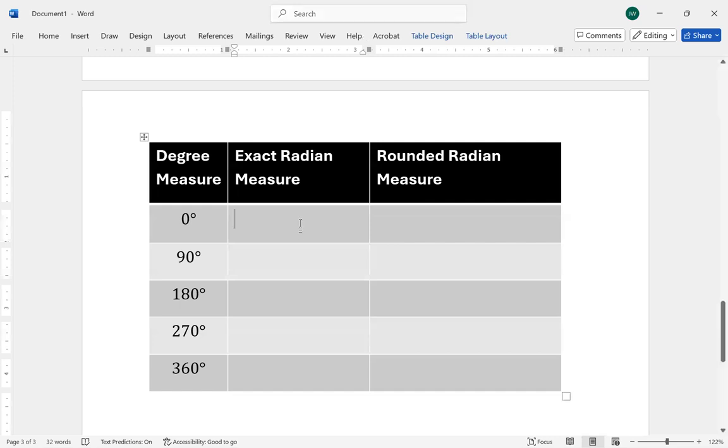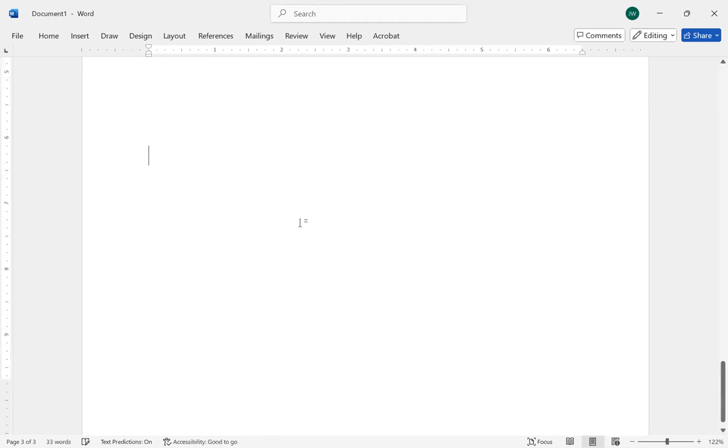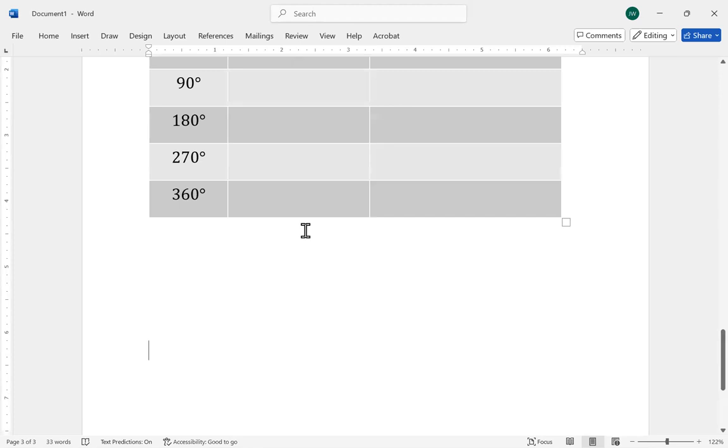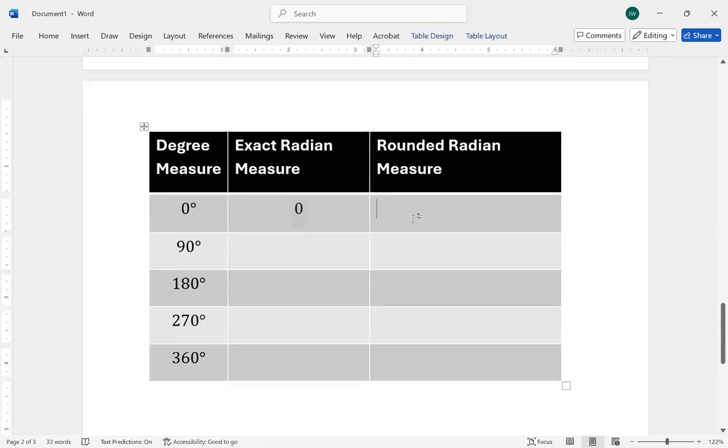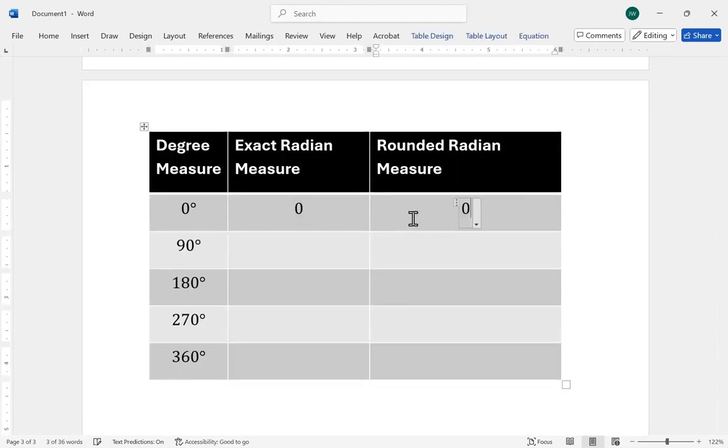So this is kind of just nice stuff to have. So 0 degrees is 0 radians, and there's no rounded measuring there. So 0 radians is the same thing as 0.